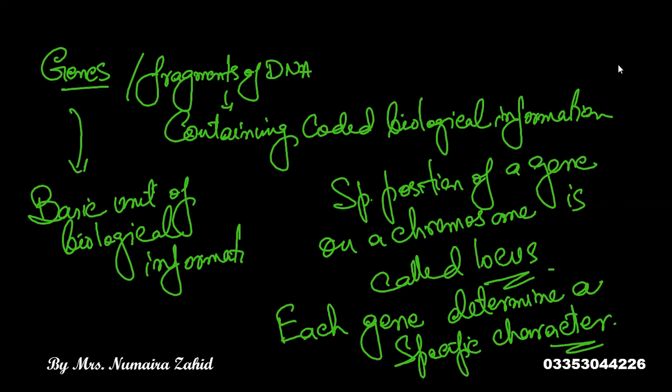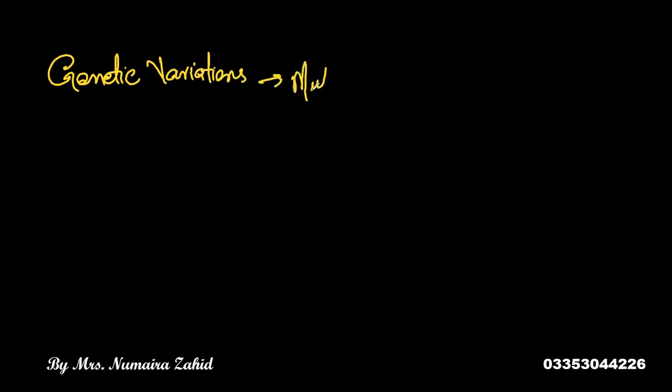Now, the coded information may change due to some reason, which is called genetic variation. So what are mutations and what are genetic variations? Genetic variations are also called mutations. How are they caused?